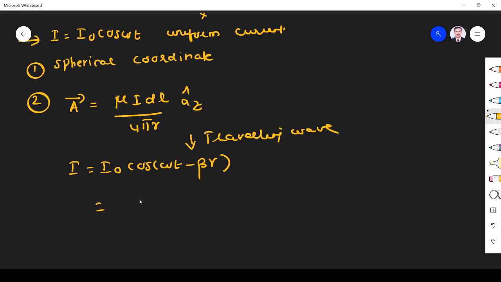So let us consider I equals I naught cos omega t minus beta r. I write this as the real part of I naught e power j omega t minus beta r. Since e power j omega is cos omega plus j sin, the real part is only the cos. That is how I write I naught cos omega t minus beta r as this one.